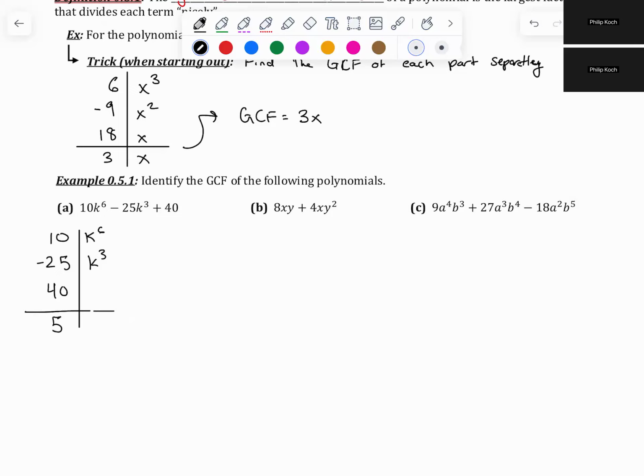What's the GCF of the variable portion? I love the idea; yes, you're right, if it was just this, then k cubed would be correct. But the issue is that technically there's a k to the 0 power here, which is equal to 1. So it's just going to be 1. So the GCF is just 5.